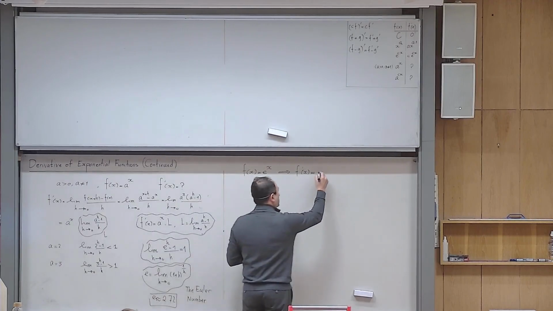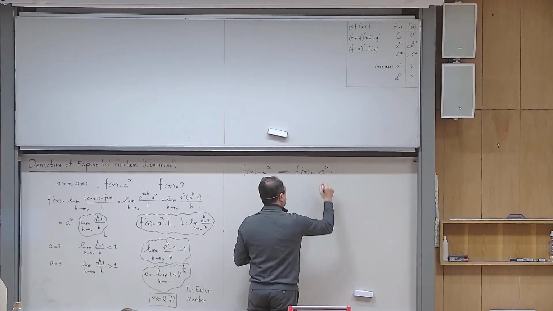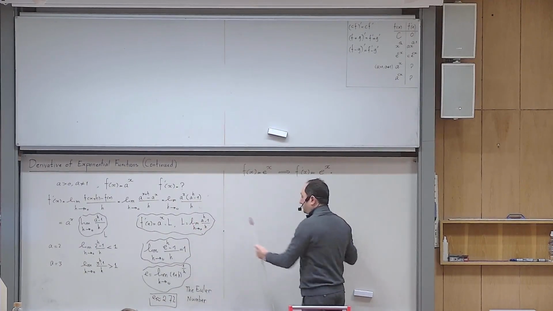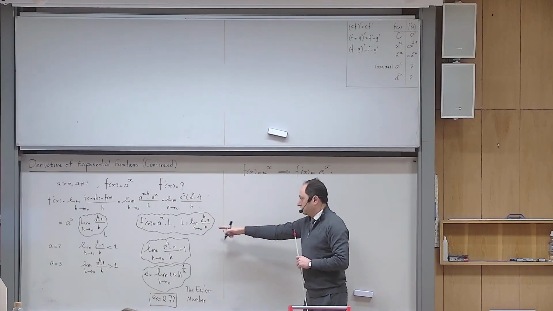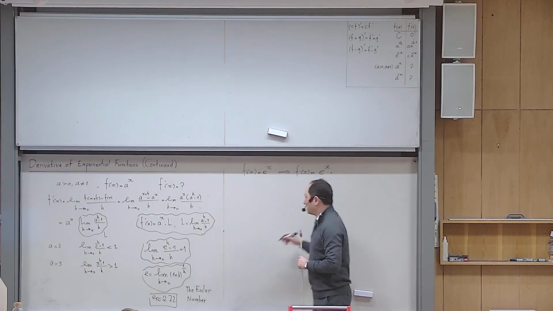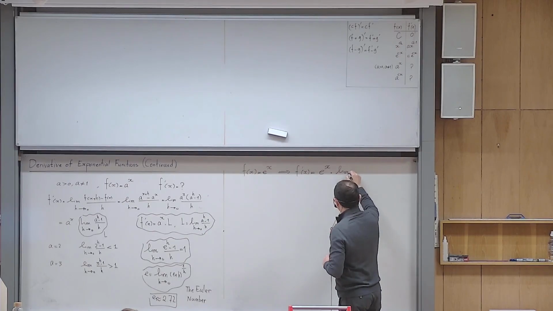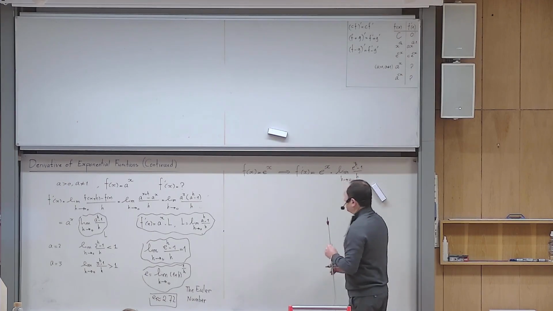So this becomes the same function itself multiplied by that limit, but that limit for a when a is equal to e. Yes, do you understand this?